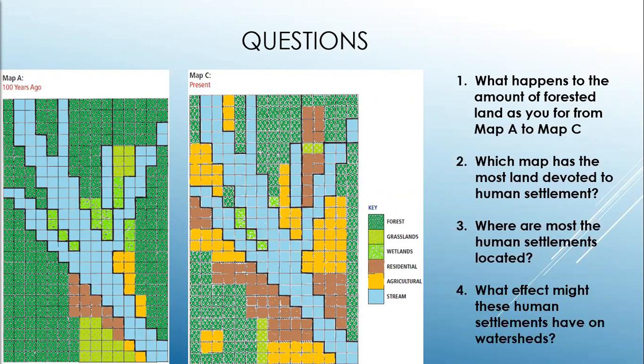The same thing with agricultural areas. It used to be maybe 10 square grids, and in map C, it is much, much more. So question number 3, where are most of these human settlements located?